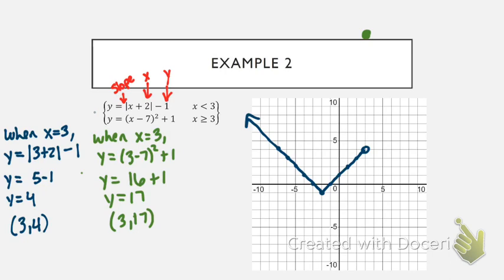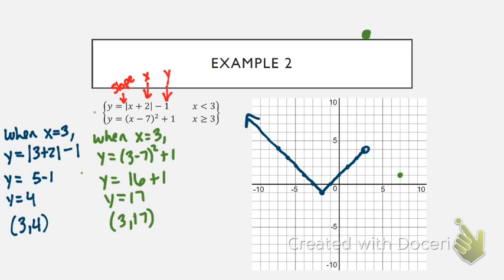And then I need to start plugging in other numbers, basically. I do know, similar to the absolute value, which has a vertex at (h, k), a quadratic also has a vertex at (h, k). So I know the quadratic has a vertex of (7, 1), because my h value is 7 and my k value is 1. I know that when I plug in 5, let's plug in 5.